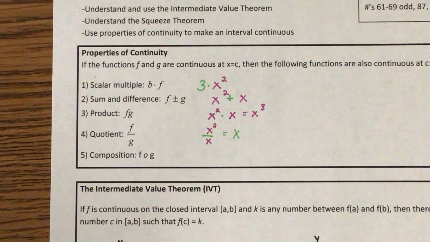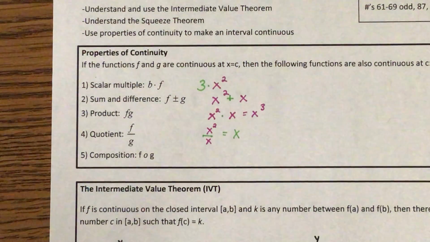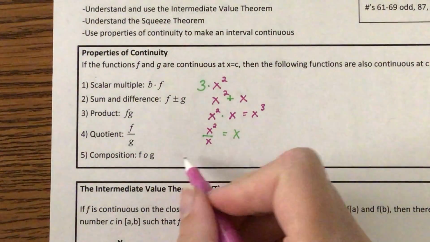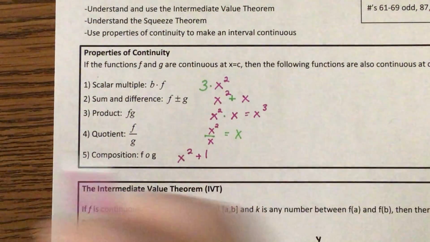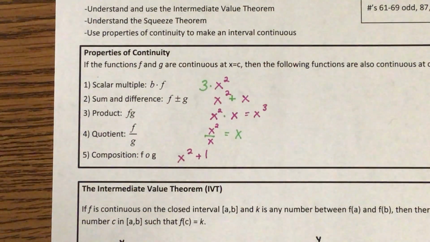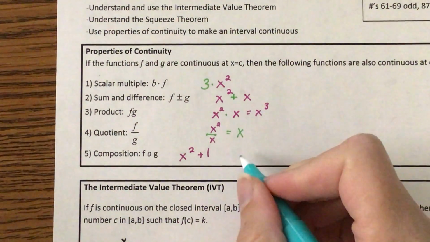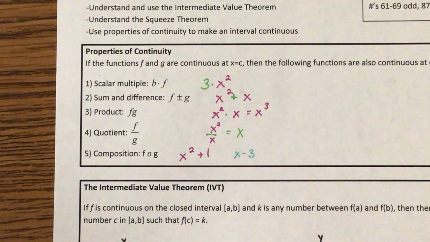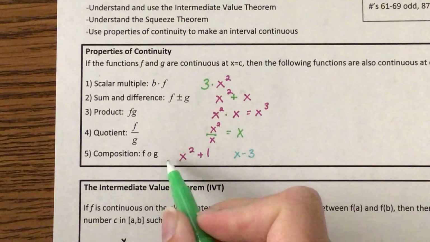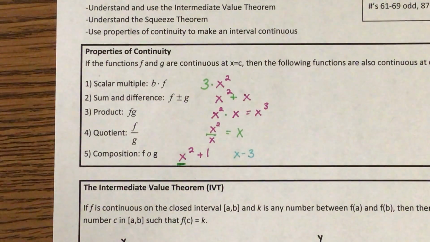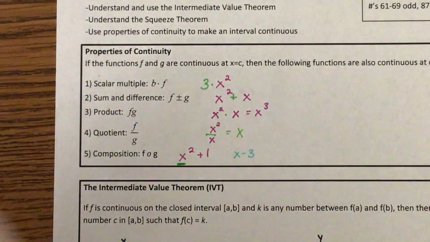On the bottom, the composition f of g. Okay, so f of g would be something like, if this is f, x squared plus 1, and this is g, let's do x minus 3, then f of g would mean that we rewrite this outside function with x minus 3 inside of the x. So let's do that.